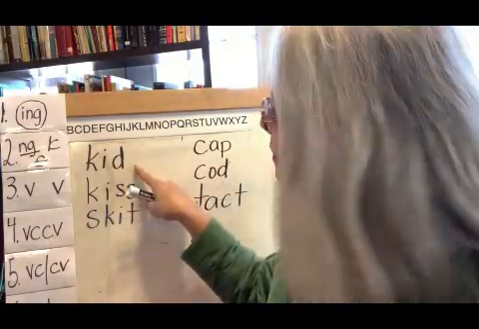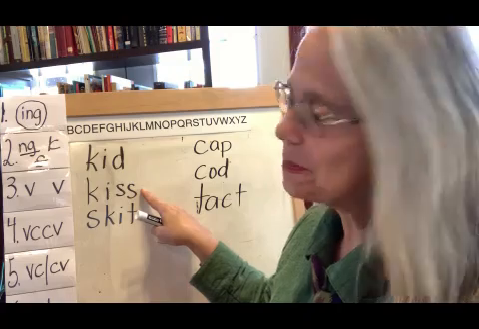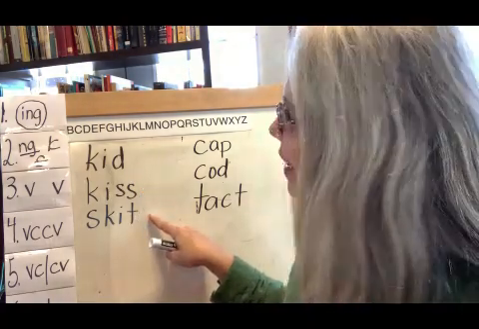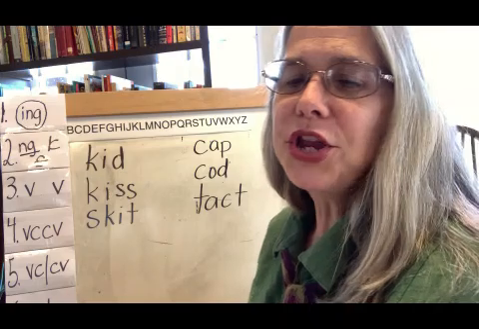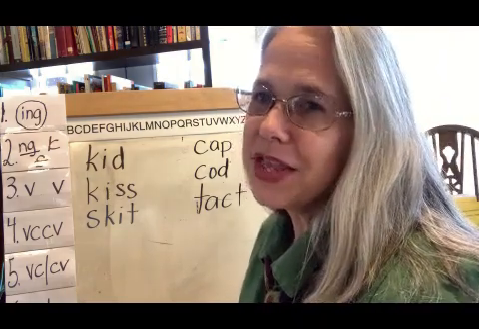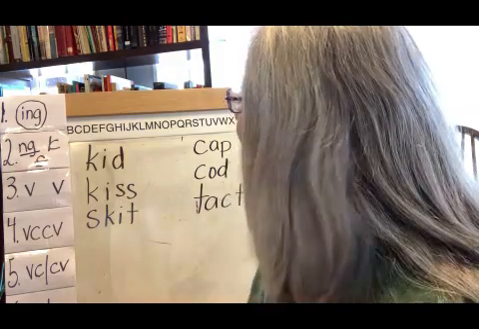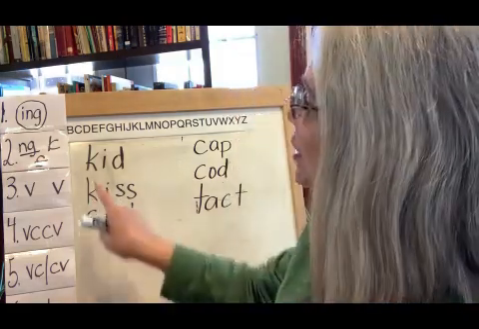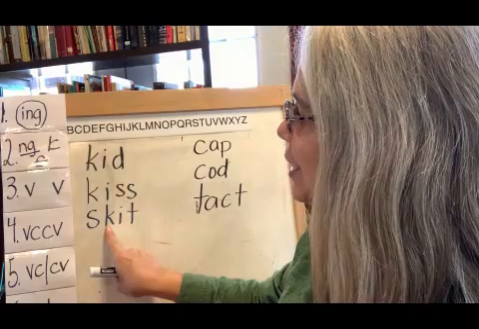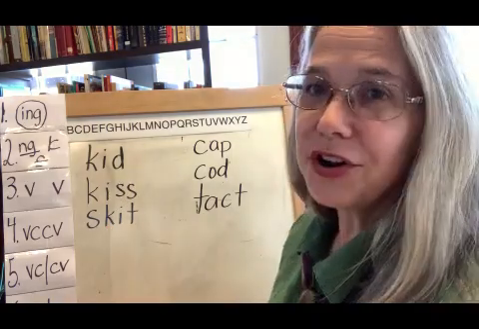Kid, kiss, skit. Okay, where are you seeing the K? Right, you're seeing it in the initial position and in the medial position. And you heard it there as well.